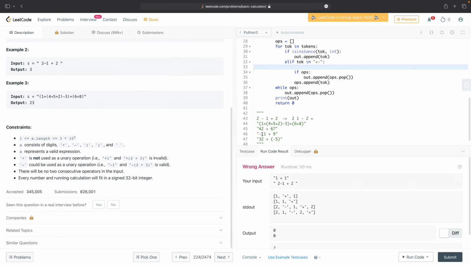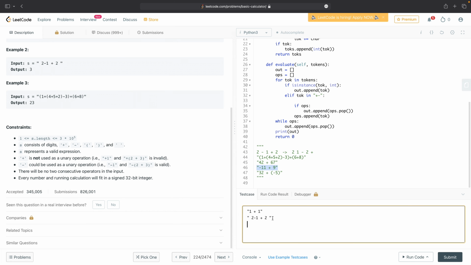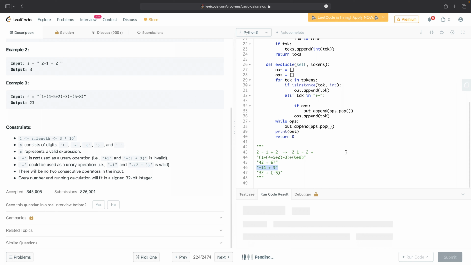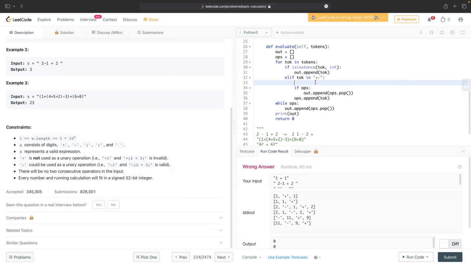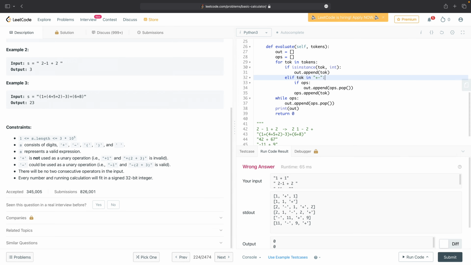I kind of want to handle this one now as well. Because this will fail. Oh, it didn't fail. That got me an 11 minus 9 plus.